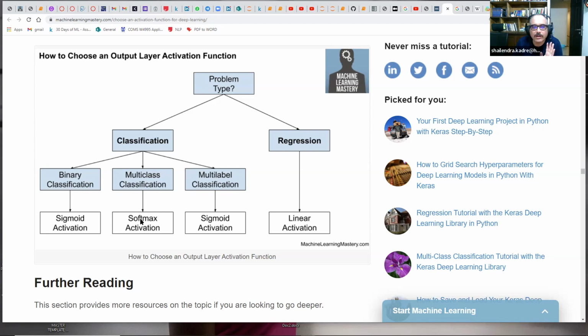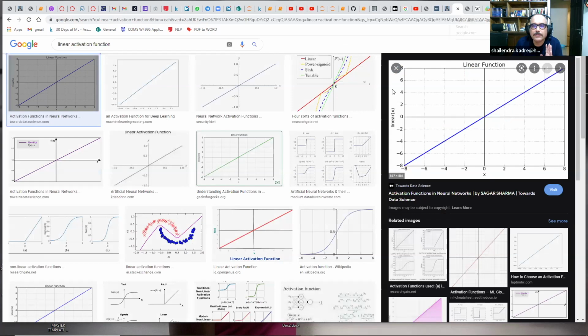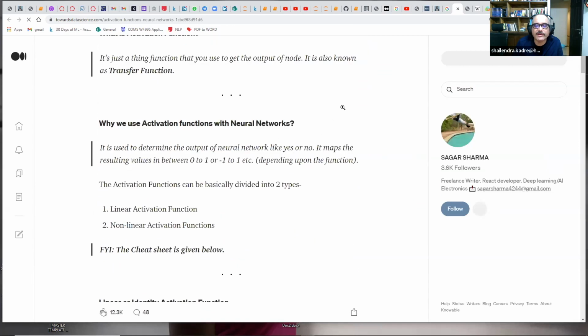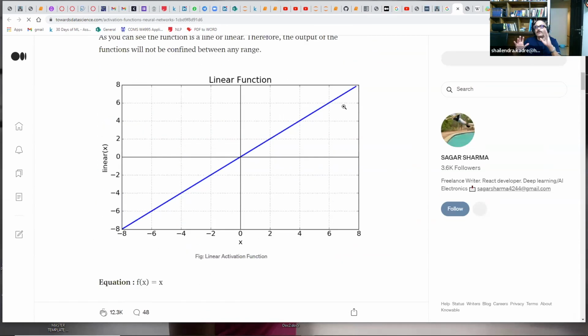Okay, clear. For regression, I'm telling you, we use this kind of function, the linear equation. So this kind of activation function we use in the output layer in case of a regression problem.